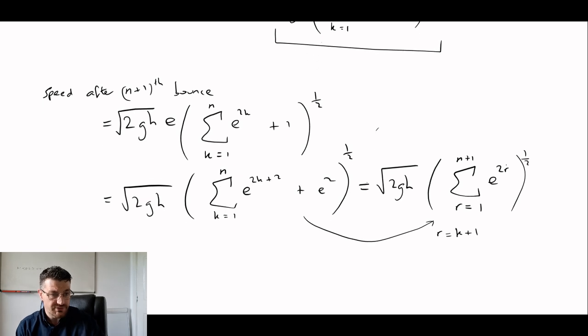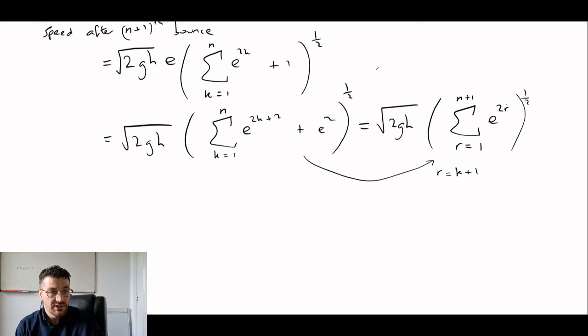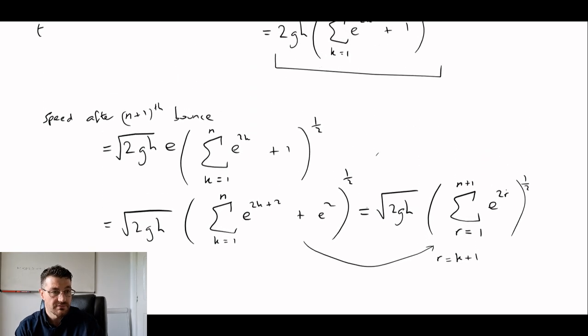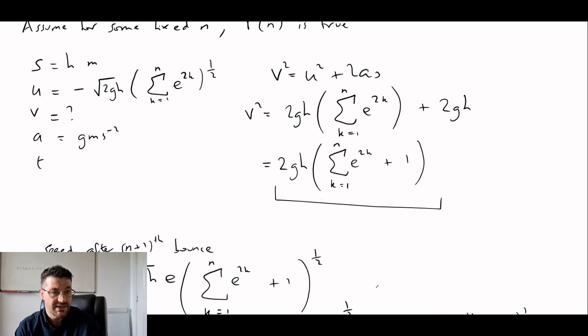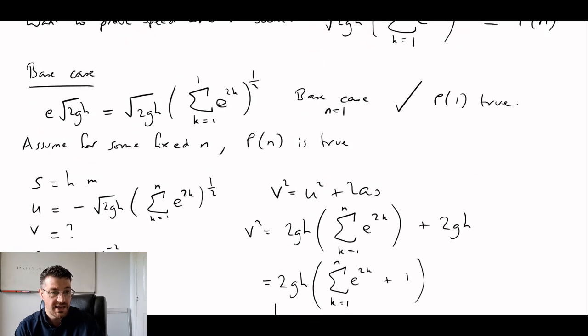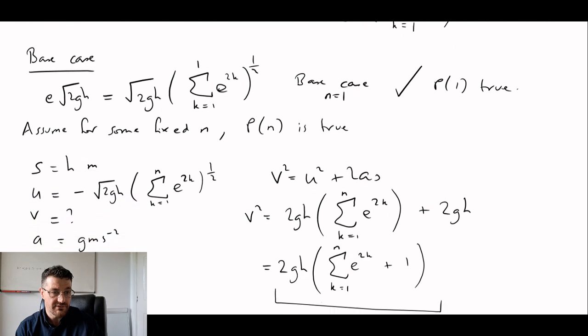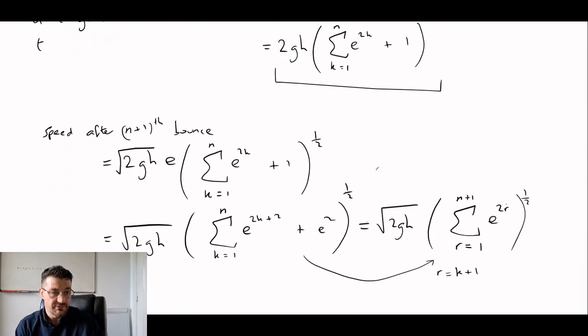I could have stuck with k and just replaced k with k plus 1. But that's the formula that I needed, the formula that I wanted to prove. That's effectively Pn plus 1. So Pn was the square root of 2gh, the sum from k equals 1 to n of e to the 2k, to the power of a half. We've got here the sum from r equals 1 to n plus 1 of e to the 2r, to the power of a half. So this is Pn plus 1.